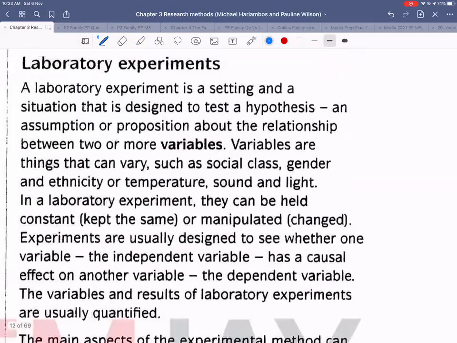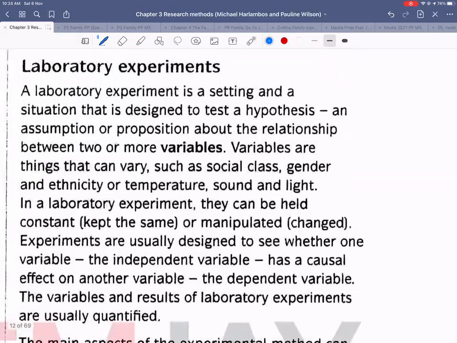Now, taking it a step ahead, a laboratory experiment is a setting and a situation that is designed to test a hypothesis. For this, we need to know what the term hypothesis means. What exactly is a hypothesis? Hypothesis होता क्या है? जब हम hypothesis की बात करते हैं, तो hypothesis refers to anything that requires testing, right? For instance, if you do not know what two molecules of hydrogen and a molecule of oxygen would together make, right? You are testing a hypothesis.